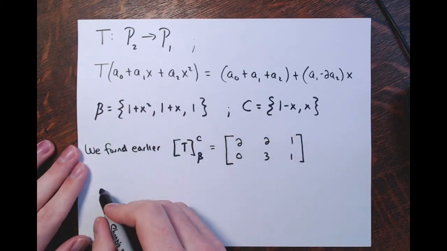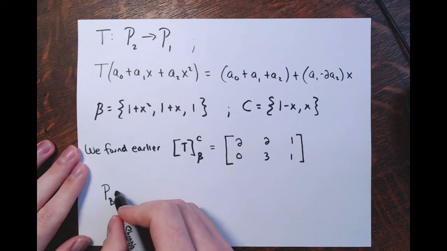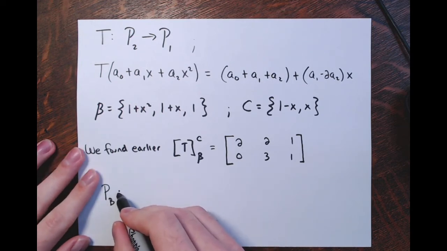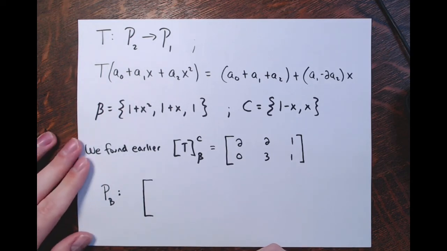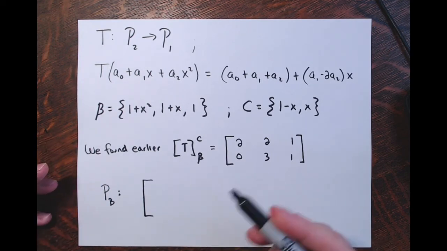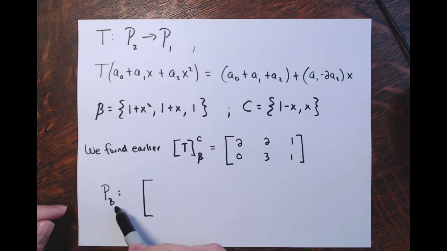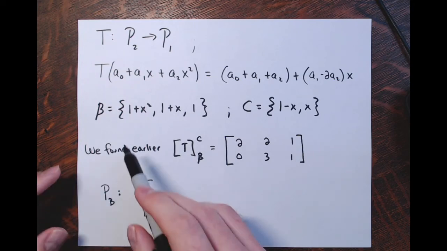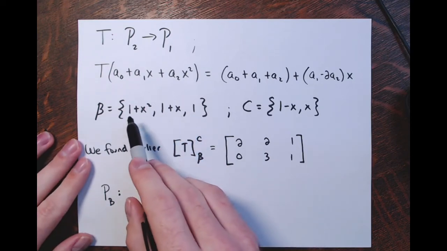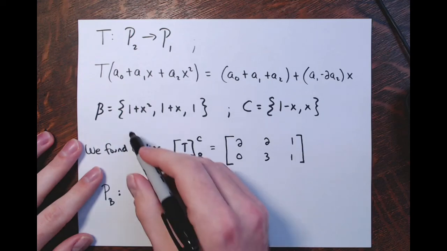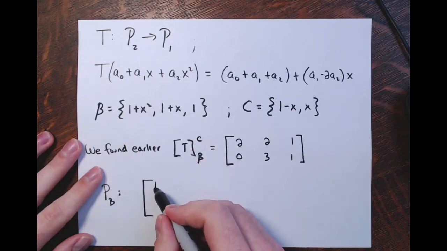Right? So for PB, I'm setting up an augmented matrix where I'm transitioning from the standard basis to basis B. Now the basis B vectors, when you write those relative to the standard basis with 1, x and x squared, 1 plus x squared is 1, 0, 1.